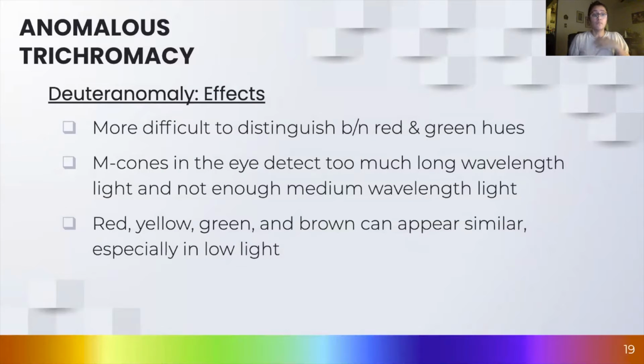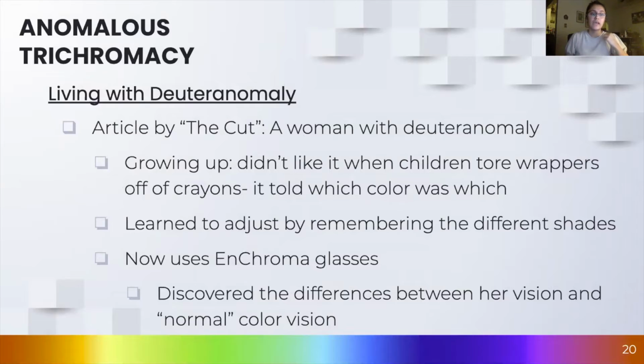Now, with deuteranomaly, it's more difficult to distinguish between red and green hues. M cones in the eye detect too much long wavelength light and not enough medium wavelength light. Red, yellow, green, and brown appear similar, especially in low light. There's an article by The Cut about a woman with deuteranomaly.